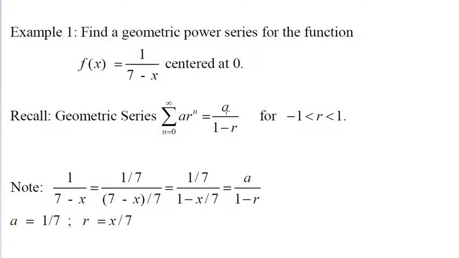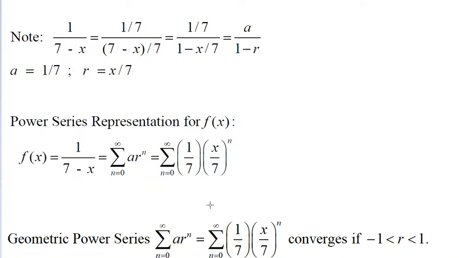And so now that we have a divided by 1 minus r, we can write this geometric series right here. In the place of a, we would put 1/7, and in the place of r, the common ratio, we would put x over 7.